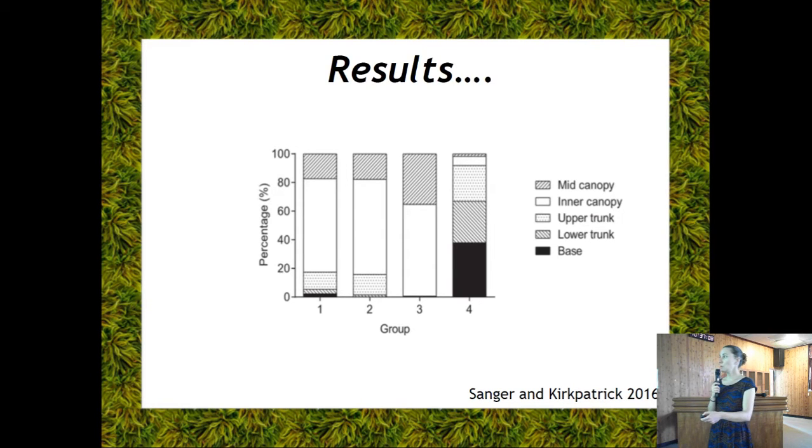It tended to be more species growing in the inner canopy and the mid canopy. And then we had group 1 and group 2, which had pretty much identical distributions over the different Johansson zones. As you can see in the middle here, the majority of these species were growing in the inner canopy.